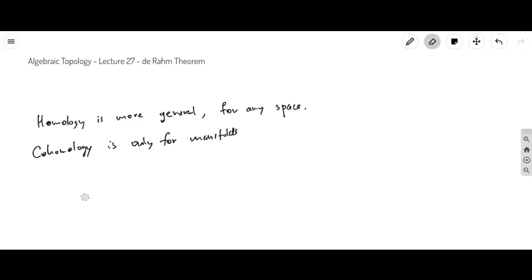I did make a comment that it is possible to extend the theory of cohomology for topological spaces, but the way we're doing things, our theory of cohomology is just for manifolds. So it should not be a surprise that this one is probably going to be harder, and this one is easier.